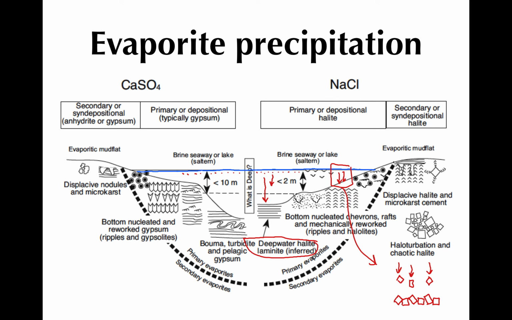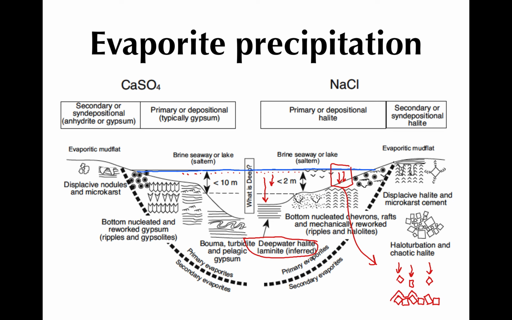And once they are deposited, they will continue to grow upwards from the bottom, and the growth will occur most rapidly along the corners of these because that's where you have the greatest surface area, and so these guys here will tend to grow faster.